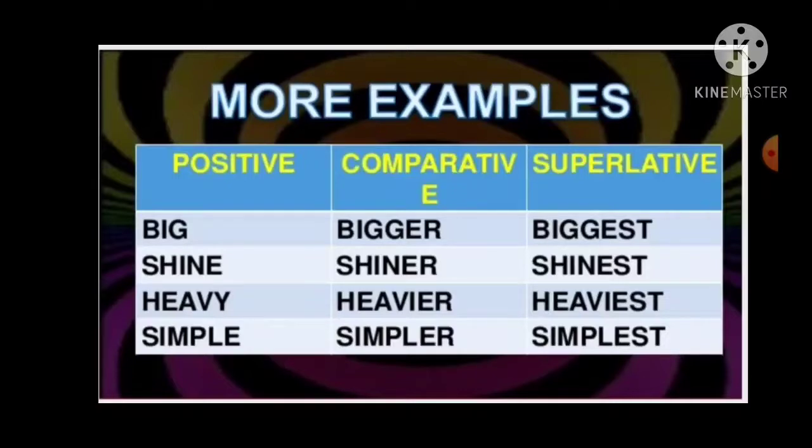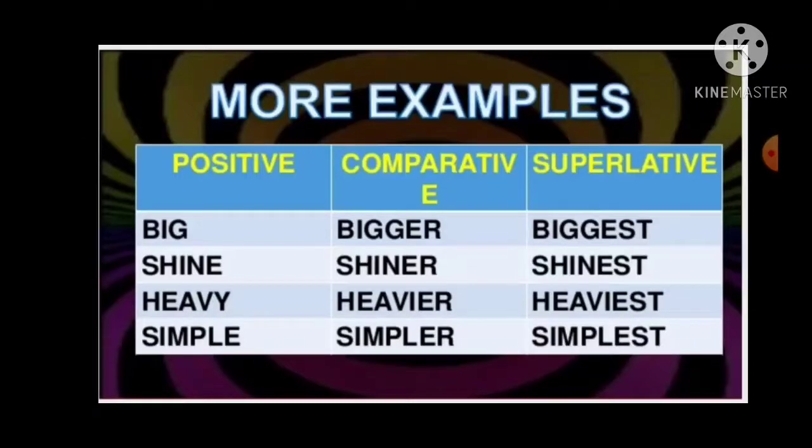If the last letter of the adjective in positive degree is y, then we just remove that letter y and add i plus er before we add er to the positive degree, and i plus est to form the superlative degree.